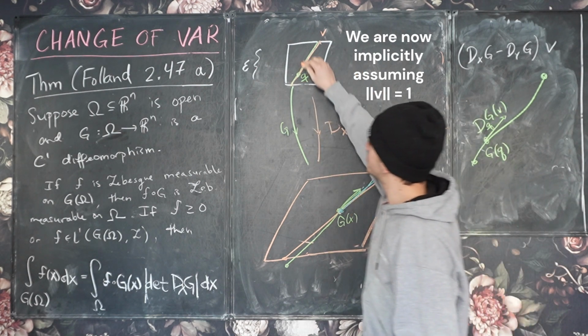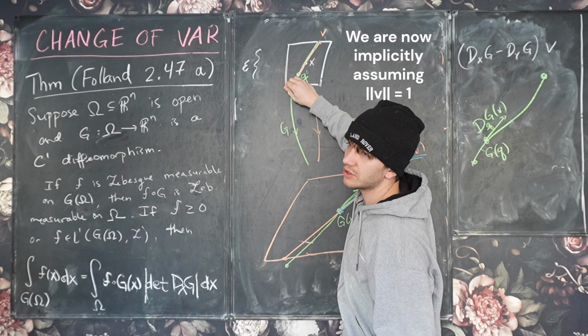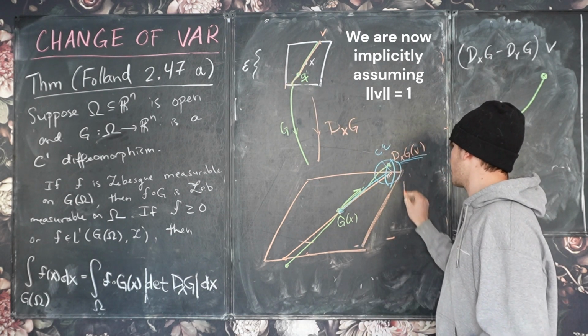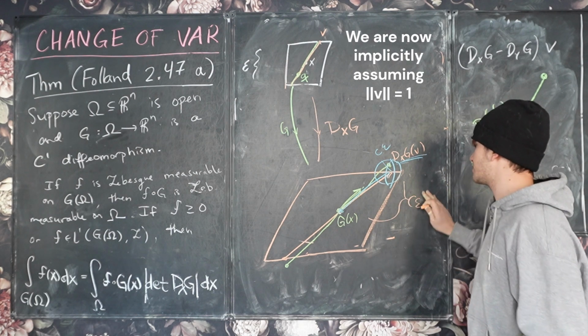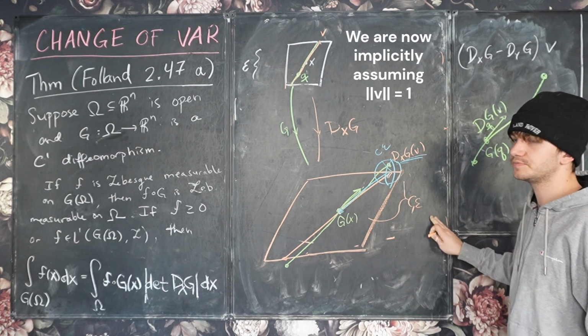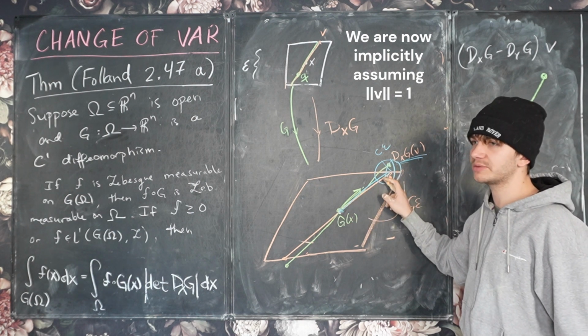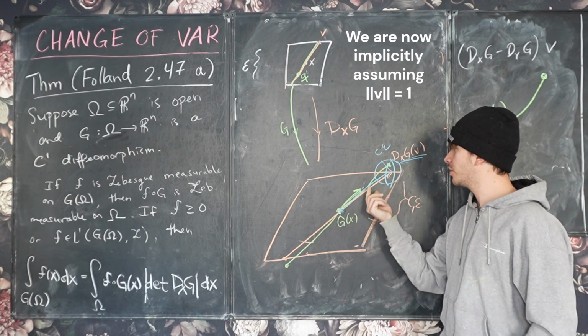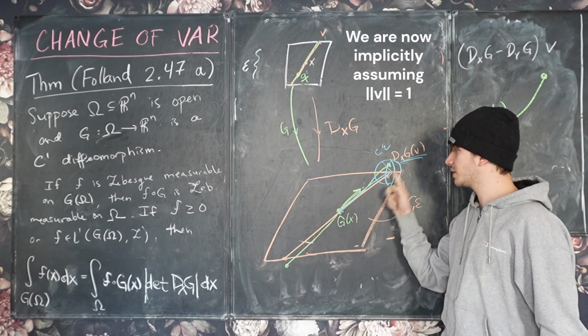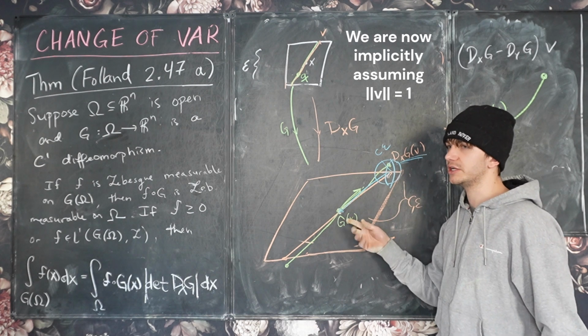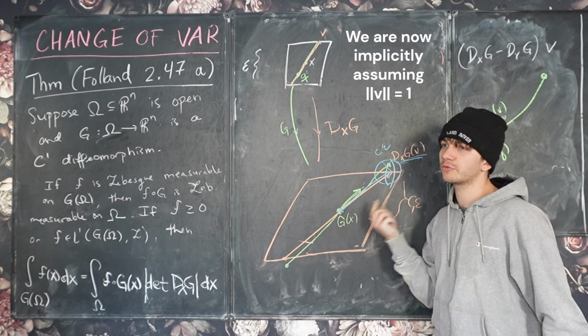So if the side length of this box is epsilon, then the length of this line here is also a constant times epsilon. Let's say a different constant. So I have a distance scale that's of order epsilon, and then I have an error, which is the error between the line of the parallelepiped and the true green line, which is the image under G. That error is growing at a rate at most epsilon.